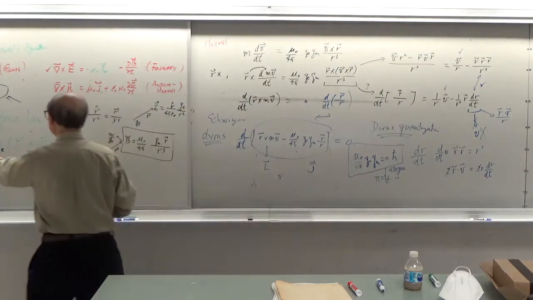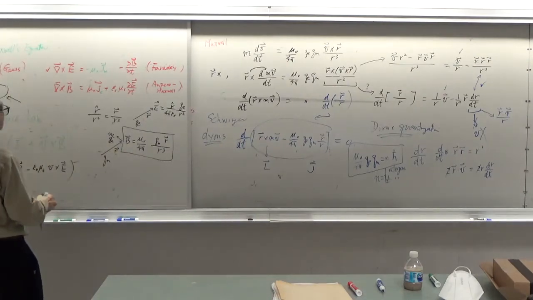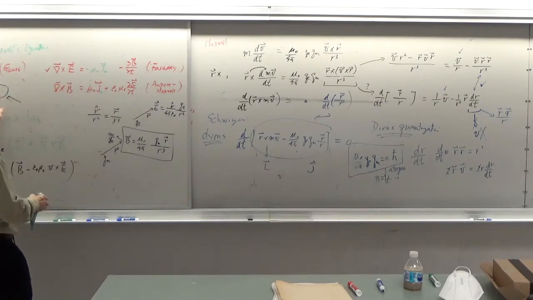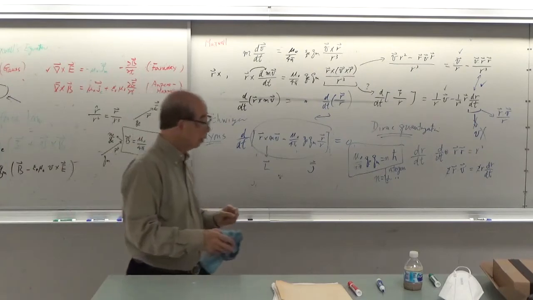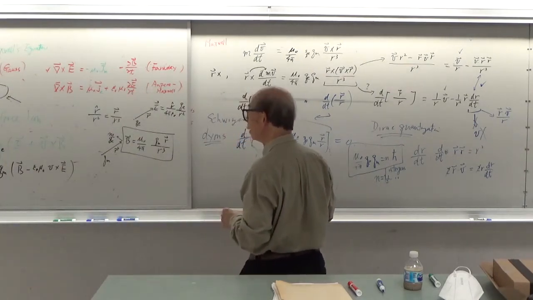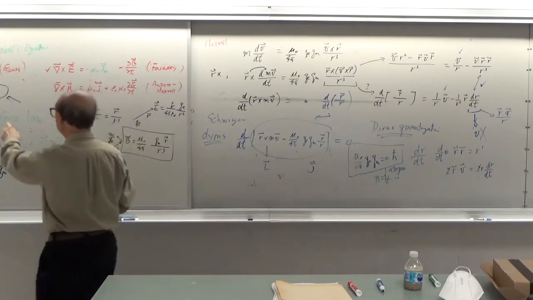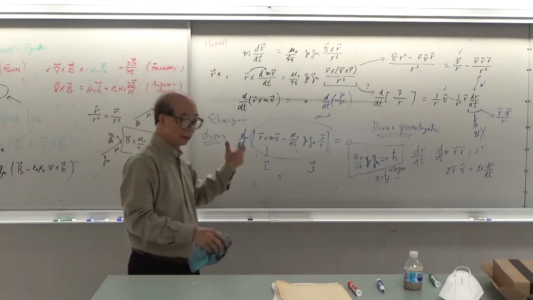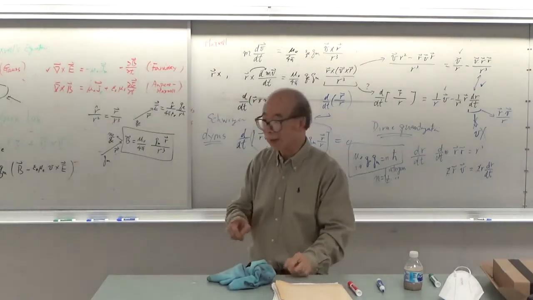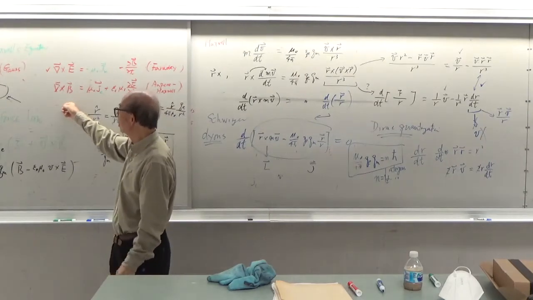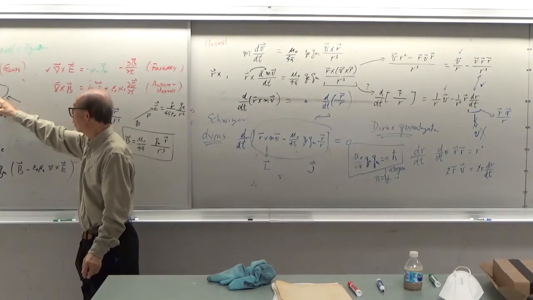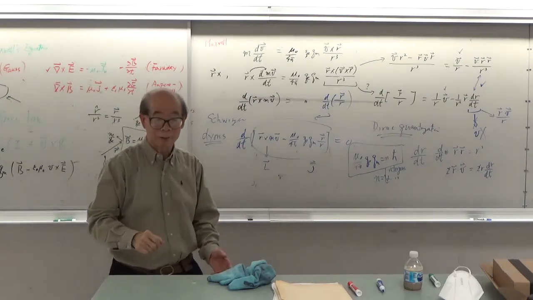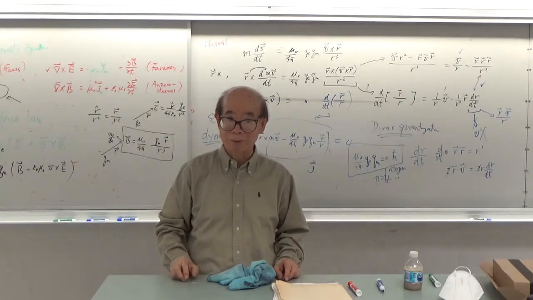Now we have spent quite a bit of time on introducing the magnetic analogs, rho M and J M. For the remainder of this lecture, I'm going to drop rho M and J M, and go back to the conventional Maxwell's equations. But I will come back to the generalized Maxwell's equations with rho M and J M on the right side later on, when we talk about conservation laws.